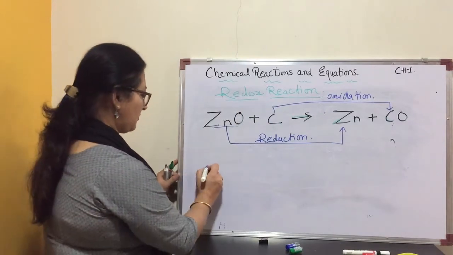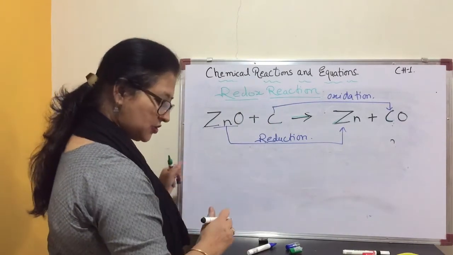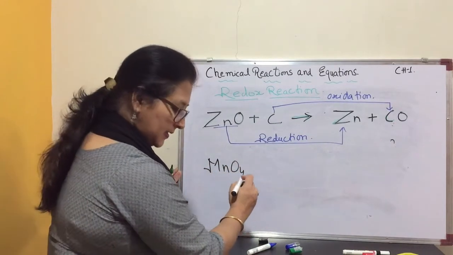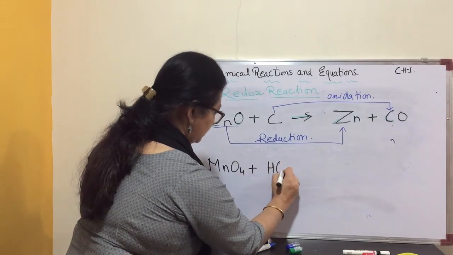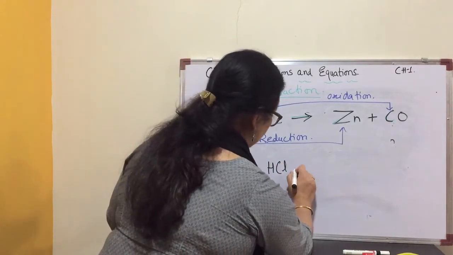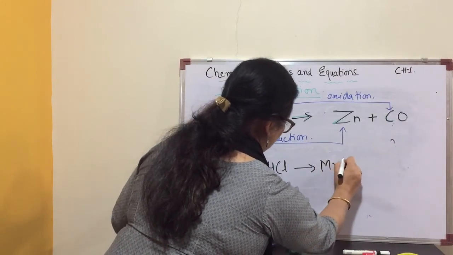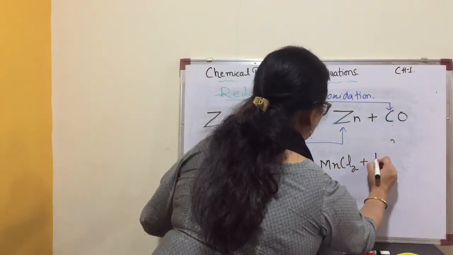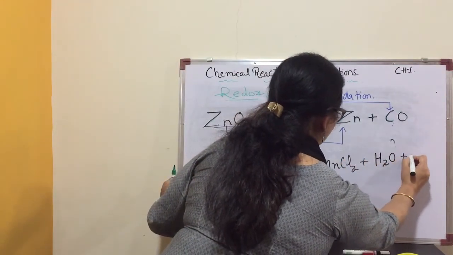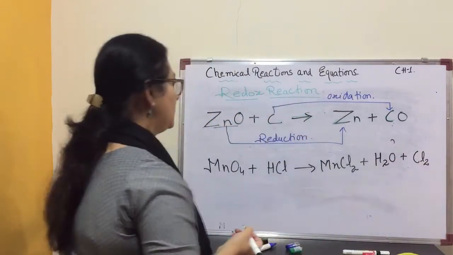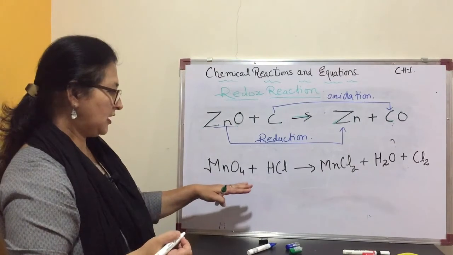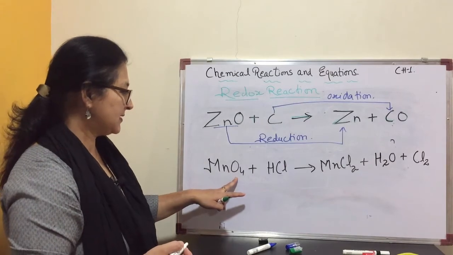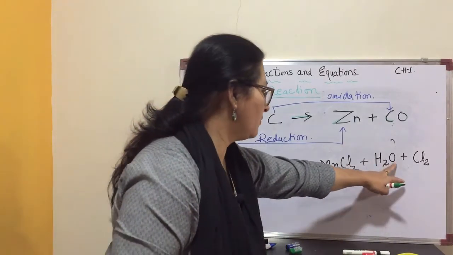Now let's do the last equation of this chapter. MnO2 plus HCl gives MnCl2 plus H2O plus chlorine gas. We need to balance the equation first. Oxygen is 2 on the left whereas it is 1 over here.